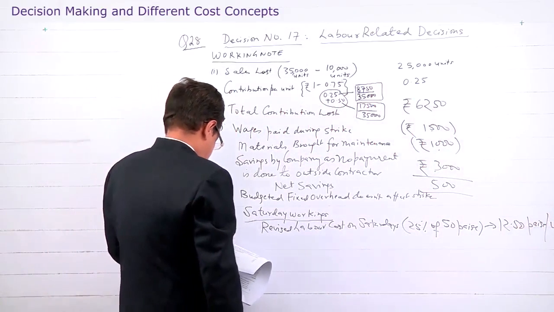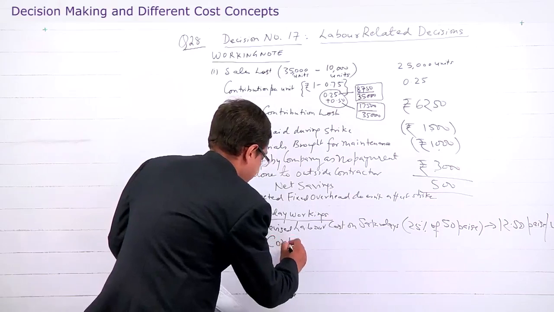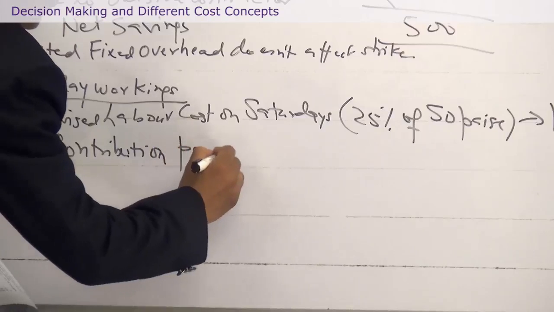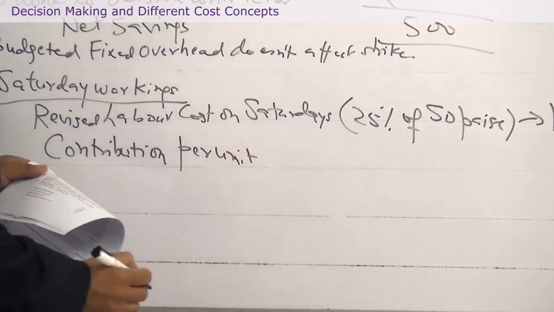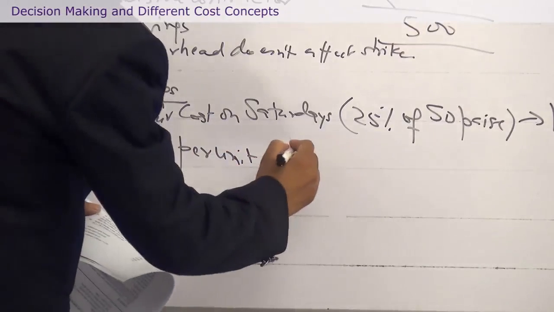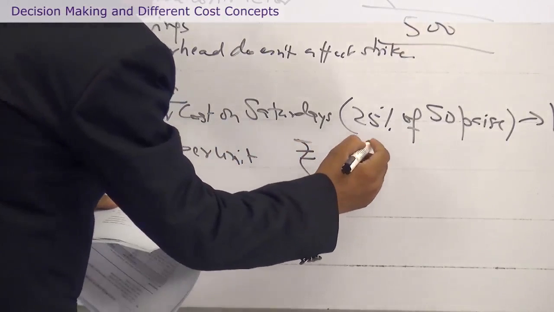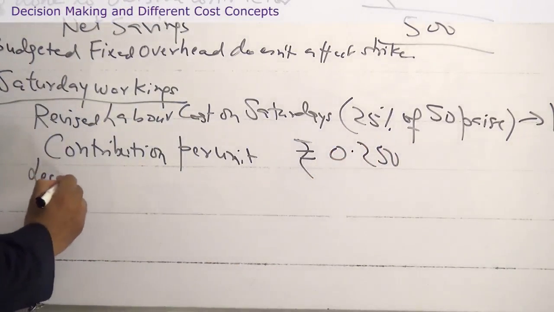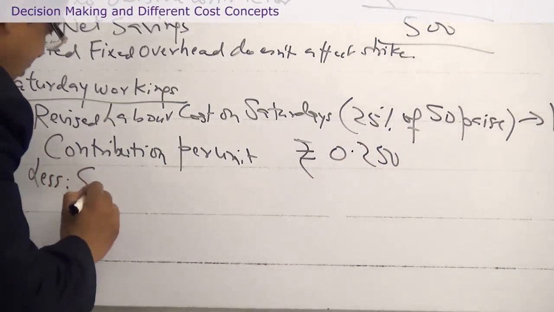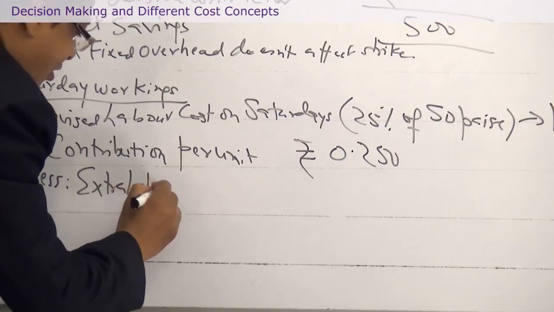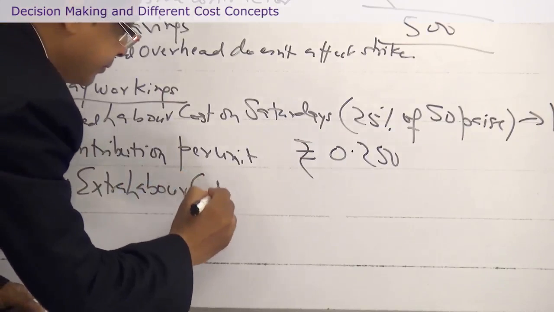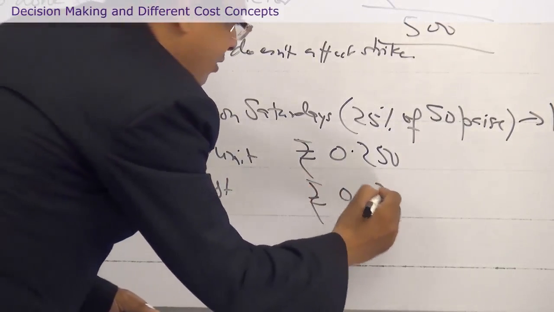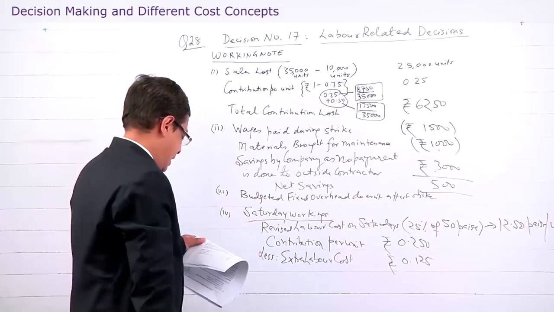So your contribution per unit is rupees 0.250 less extra labor cost for Saturday. You are incurring 0.125 if you look at it in that term.